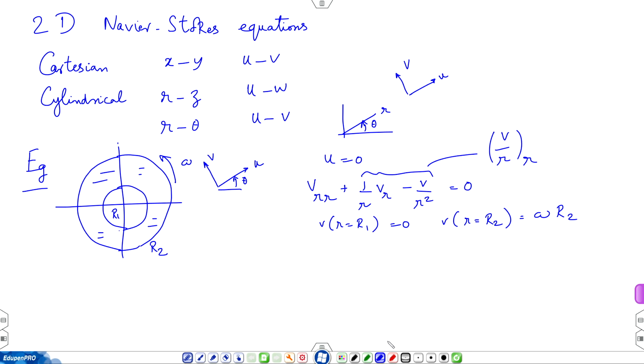So, I will give you the general form. C1 and C2 are constants of integration to be found with reference to boundary conditions. So, this is the general form.